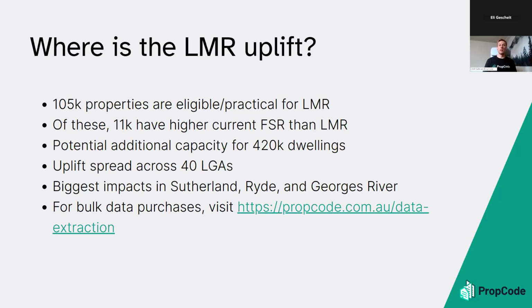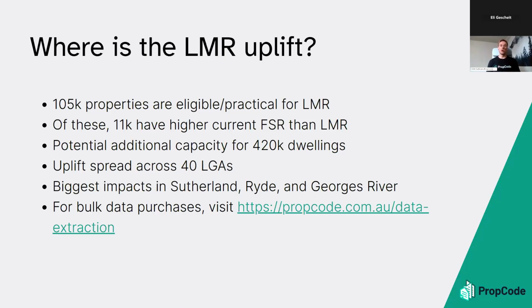The government has said that 112,000 in 5 years was their goal for this policy, and that is potentially achievable. 420,000 is what I think is the full amount that is created by this policy in terms of theoretical space. So we'll see how much of that gets delivered in reality.